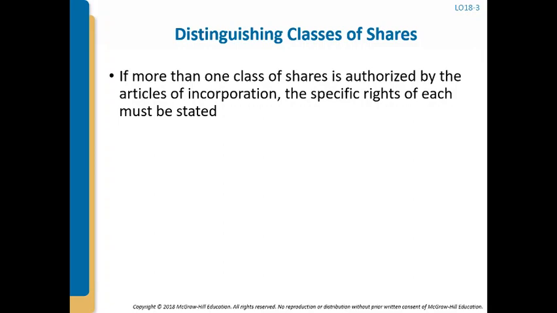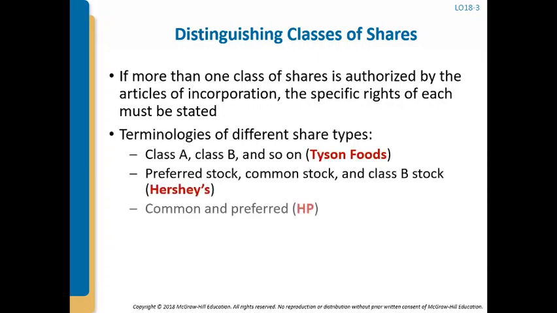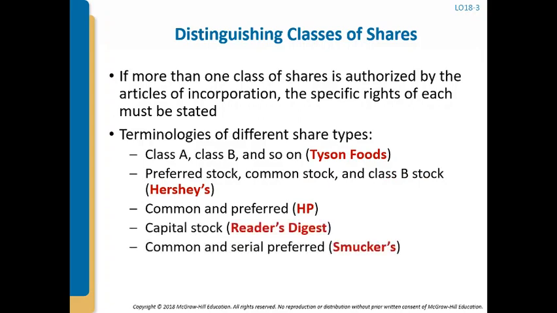Now, you can have different types of classes of shares, and each class can have different specified rights. Terminologies are different, and here you see some of the types of classifications that happen.